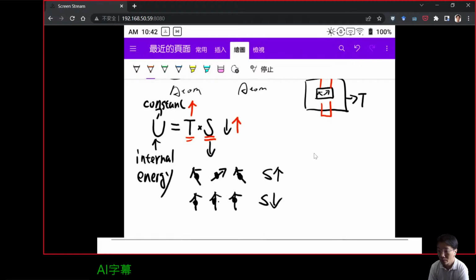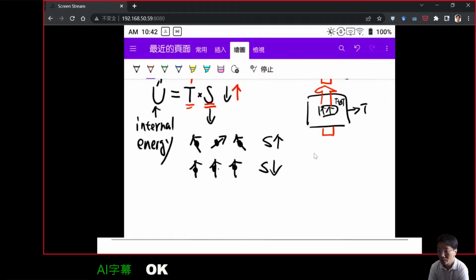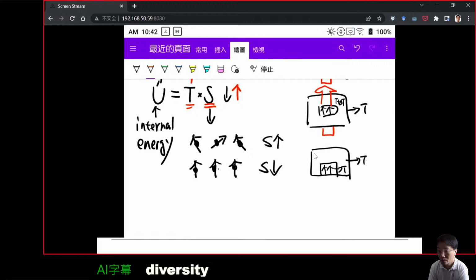Then its spins become parallel. Here is the temperature T, and this is T plus delta T. But the magnetic field still exists. Now we attach this sample to the chamber, so the temperature goes to T. But at this time, the magnetic field still exists.